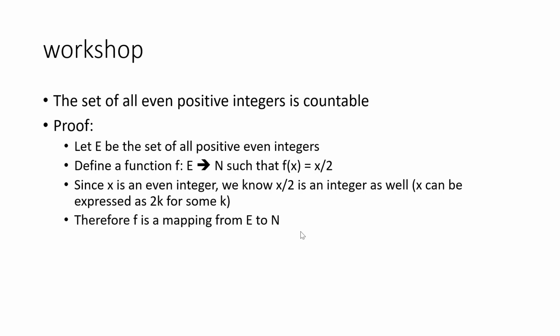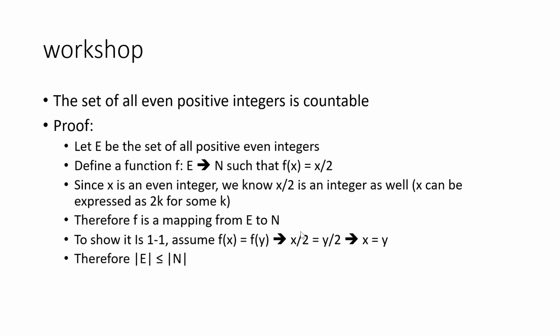Therefore, f is a mapping from E to N. To show it's one-to-one, assume f of x equals f of y. This implies x over 2 equals y over 2. This implies x is y. Therefore, the number of elements in E is less than or equal to the number of elements in N. Since N is countable, E must also be countable.